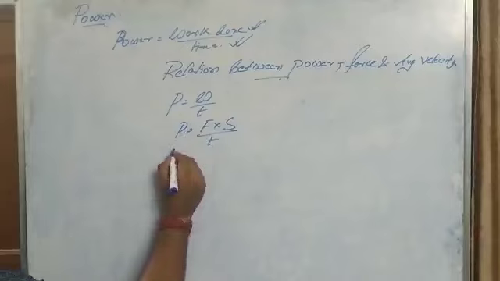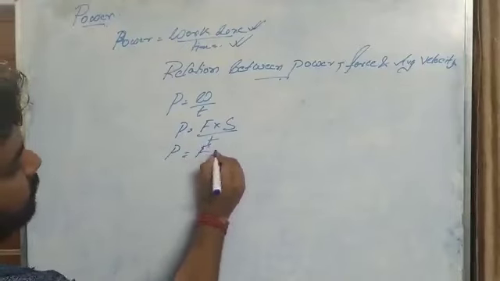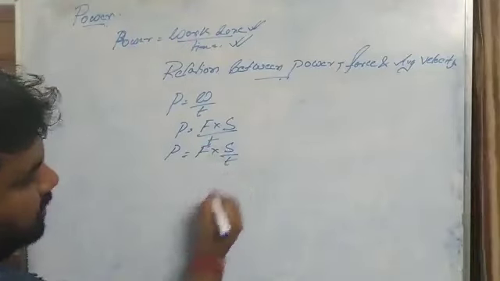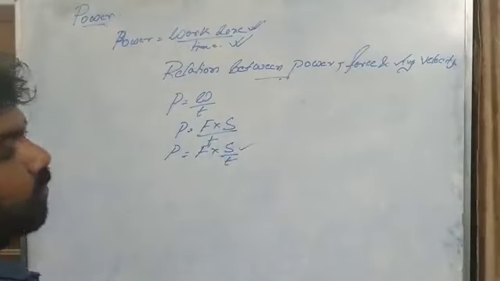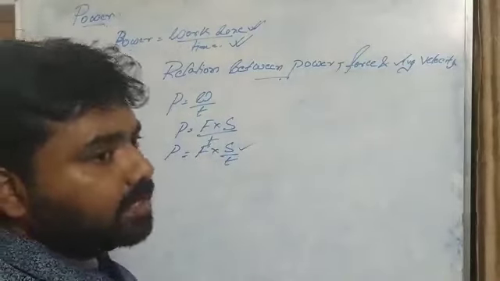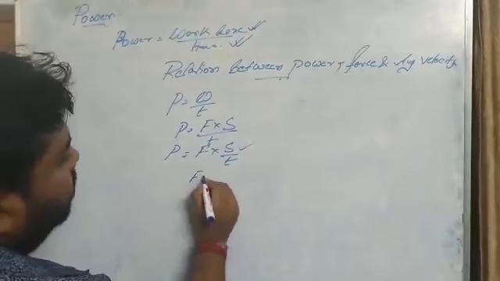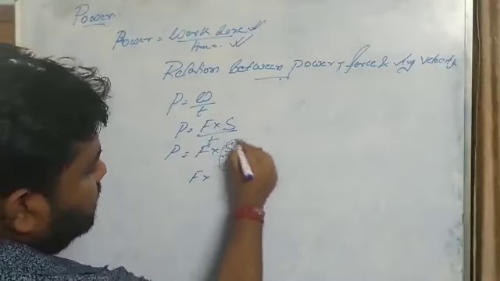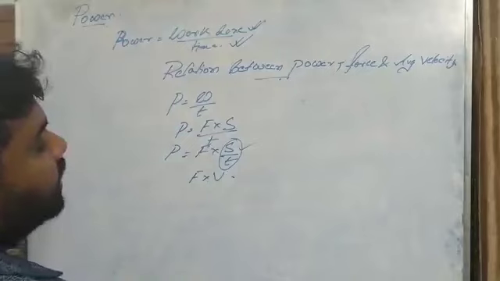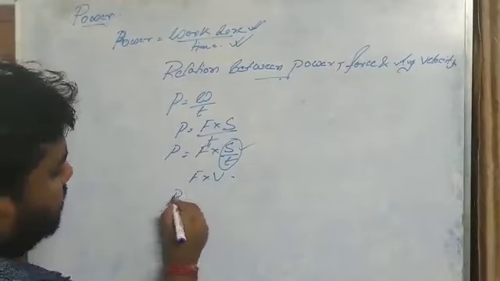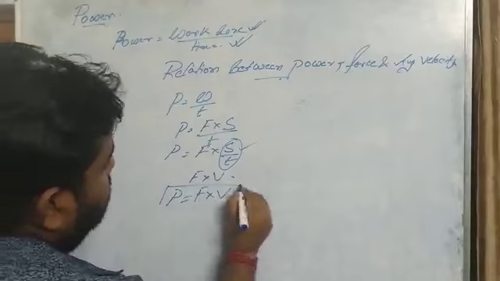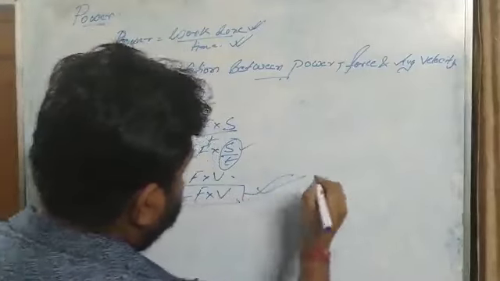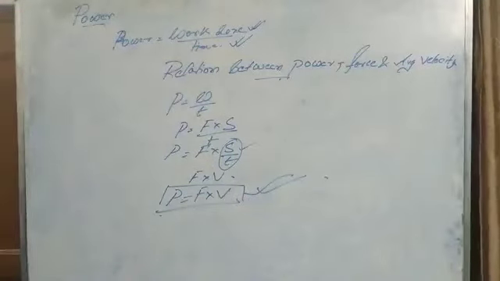So we can write P equals F into S by T, where F stands for force, S stands for displacement, and T stands for time. So we can say S by T is V, the average velocity. Therefore we can say power equals force into average velocity. Is that clear, everyone?